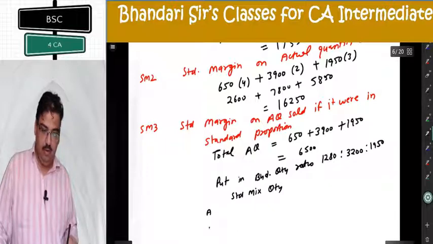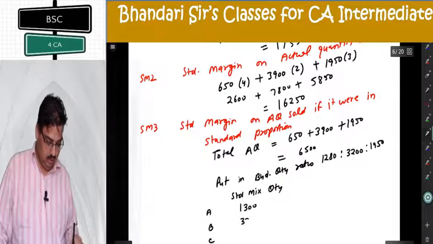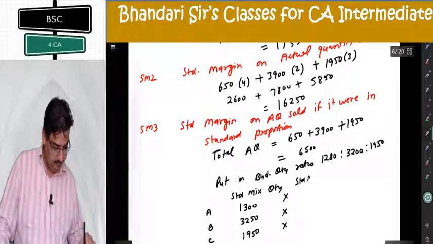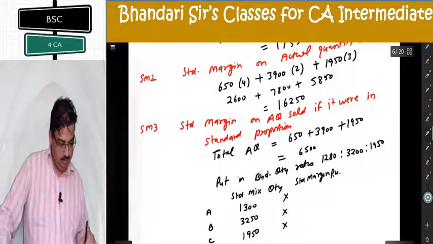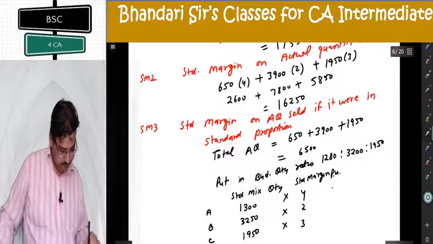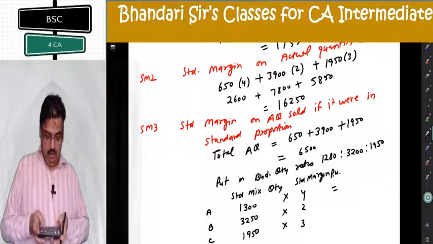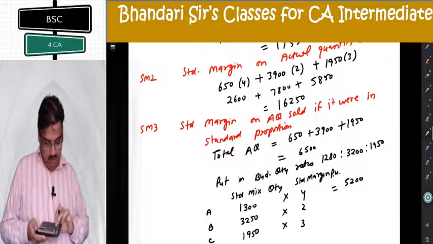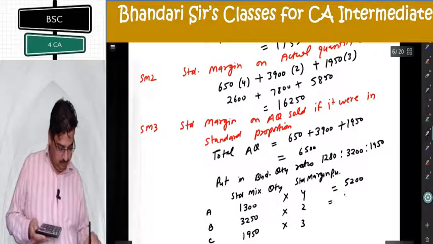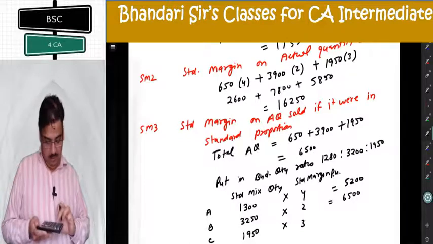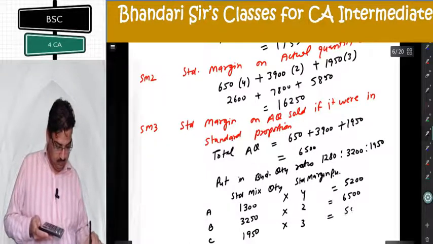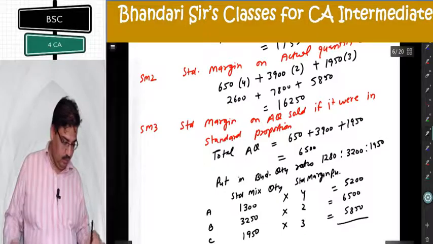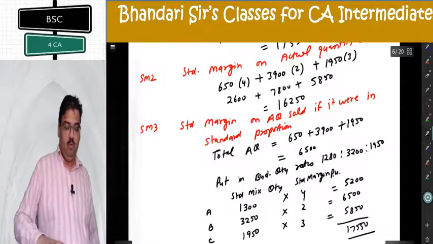Standard mix quantity of A, B, C, 1300, 3250, 1950, multiplied by standard margin per unit 4, 2, 3. 1300 into 4, 5200. 3250 into 2, 6500. 1950 into 3, 5850. So I am getting total 17550.